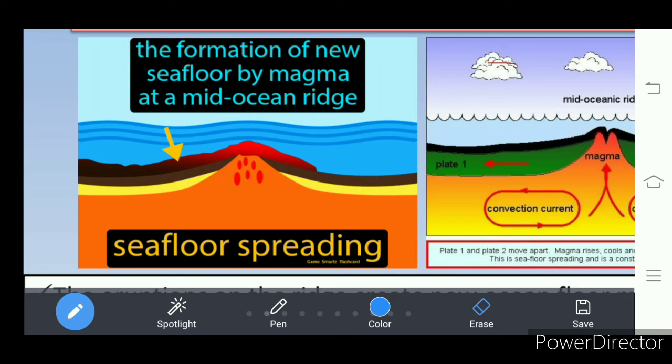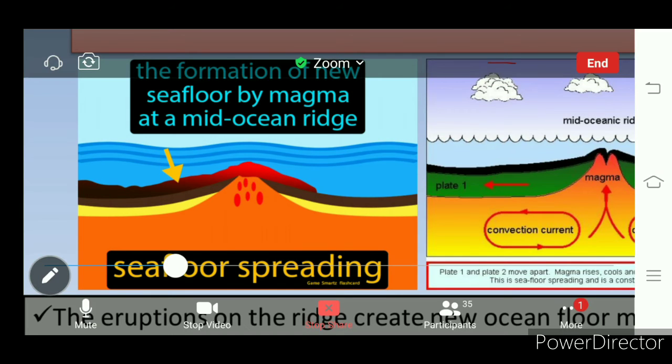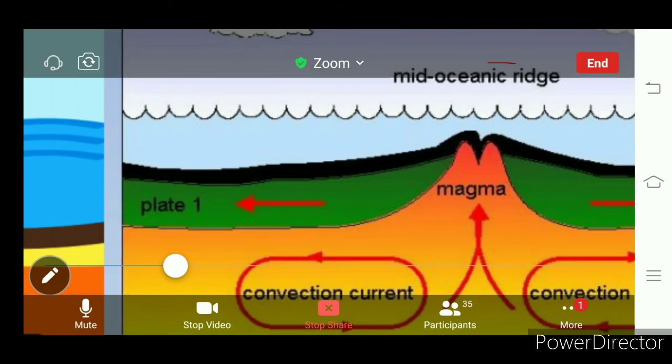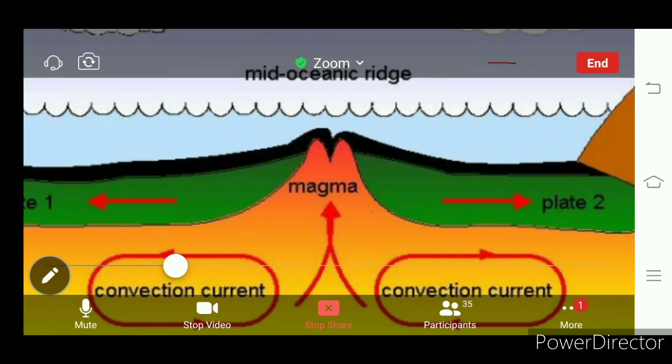The formation of a new sea floor by erupted magma from the mantle at a mid-ocean ridge is called sea floor spreading. Okay, look at this slide.